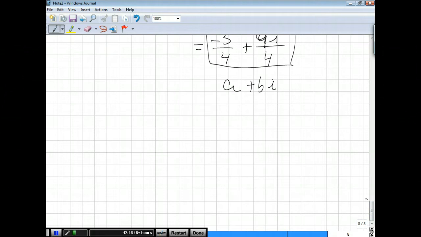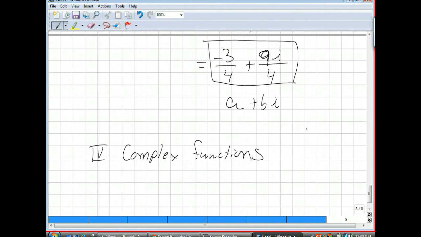Right. Now we also can look at what are called complex functions. Actually, before we do this one, let's go back and do one more where we have to basically rationalize the denominator.